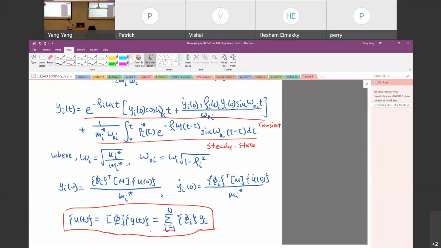The first thing, we decouple the different modes, and then we combine the responses of the different modes.